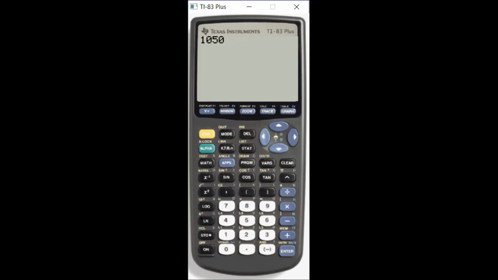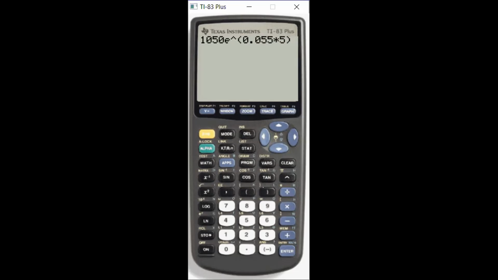So down here, you see this LN button. Well, the second function of it is e to the x. So we have that e value here that we want to use. So second, ln gives me e. The little caret tells me it's taken to a power. And then I take what power it's to: 0.055 times 5.